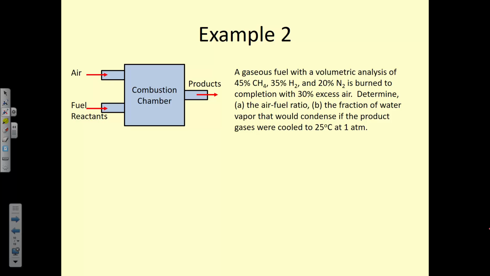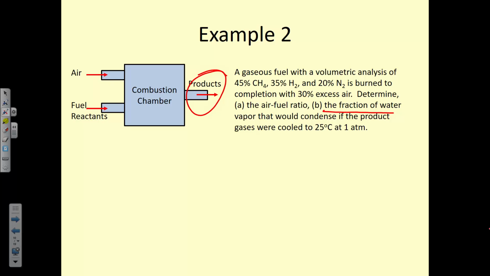So this air has some humidity associated with it, which means that we are going to try to figure out how much of the water vapor is going to condense out of these byproducts if we cool the gases to 25 Celsius. So it's kind of like combining what we were doing last chapter with what we were doing in chapter 13. This is where we need to know how to use a stoichiometric chart. In this case, we don't look it up, but we need to understand the principles involved.